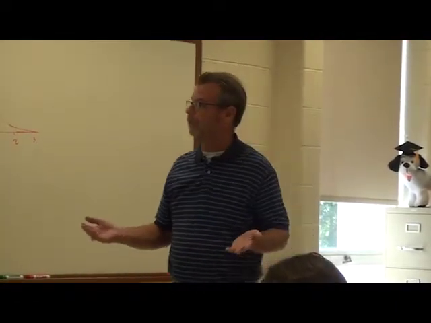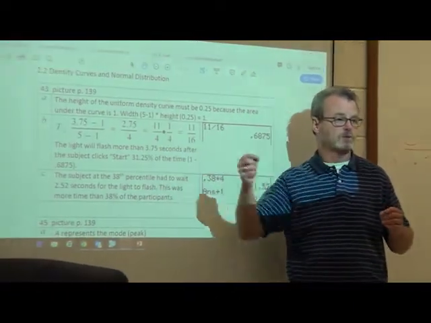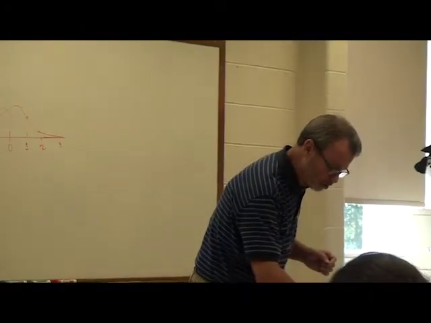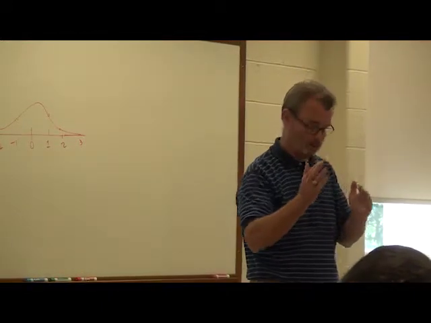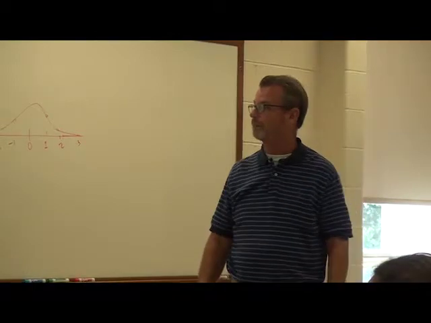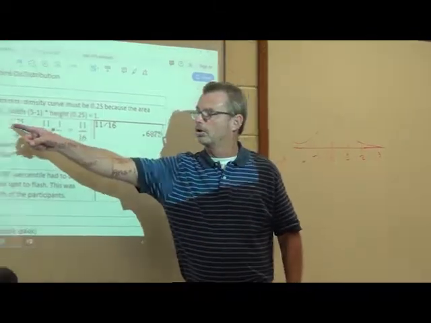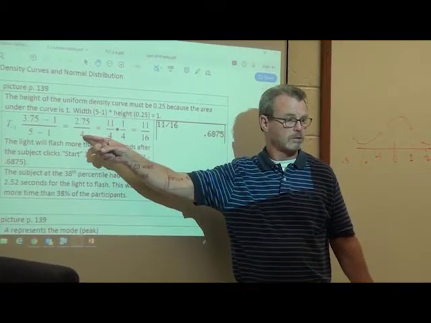So then I'm saying, when would you be more than 2.75 seconds if you counted it from 0? Okay? And then what does that represent? So we rewrote this as 2.75 fourths.